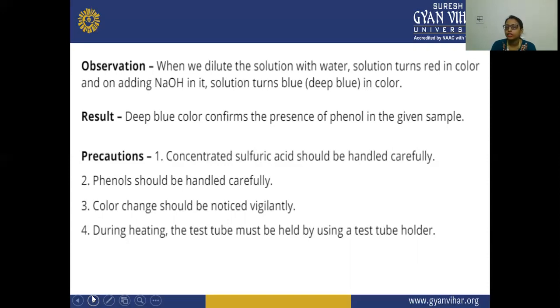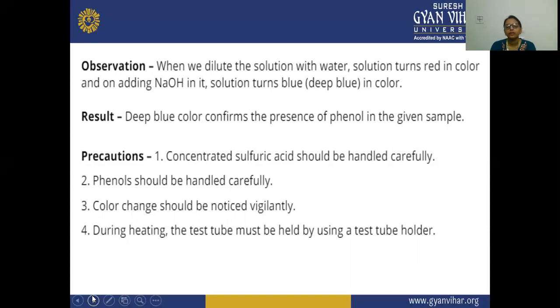Firstly, when we dilute it with water, it turns red, but then we are not confirmed that a phenol group is present in that given sample. But after we add NaOH to it, the solution turns a deep blue color, which confirms the presence of phenol in the given sample.